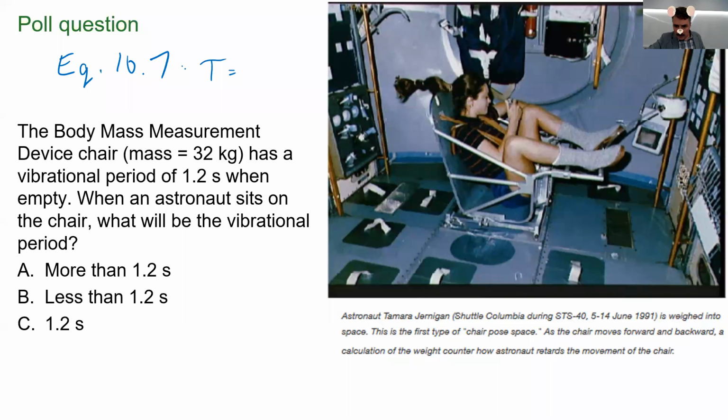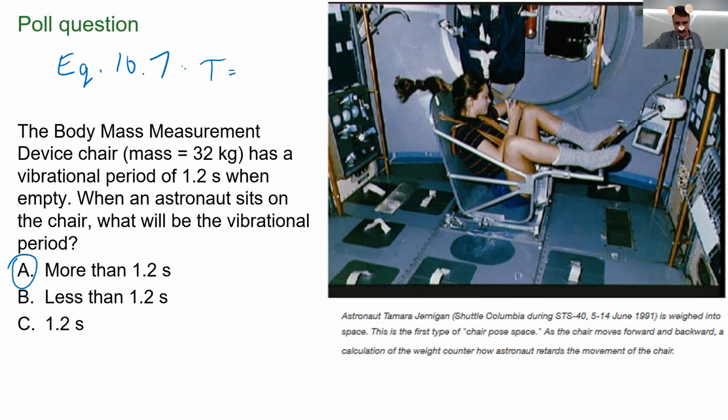Going once, twice, and polling. Share results. So 58% of you maybe had the intuitive feeling that if someone is sitting in it, there's more mass there, and it's going to slow down the oscillations. So that's absolutely correct.